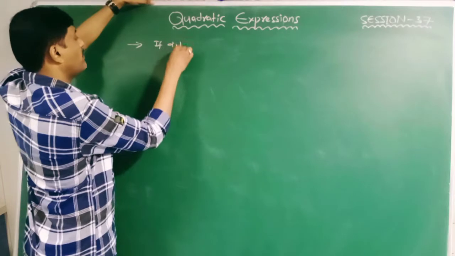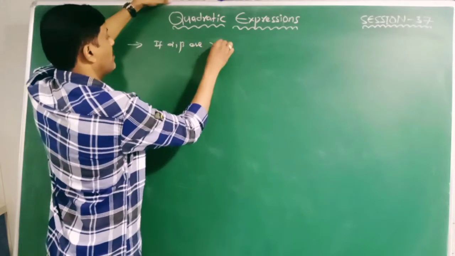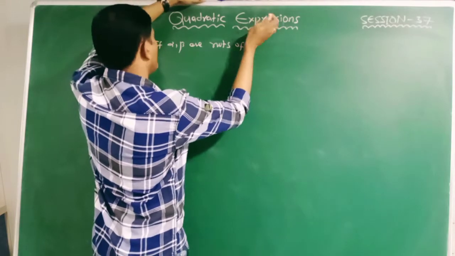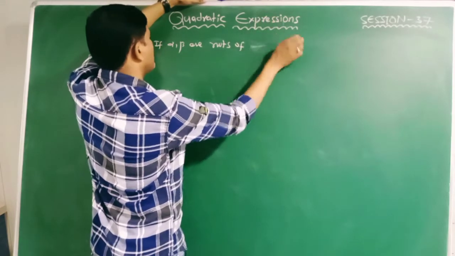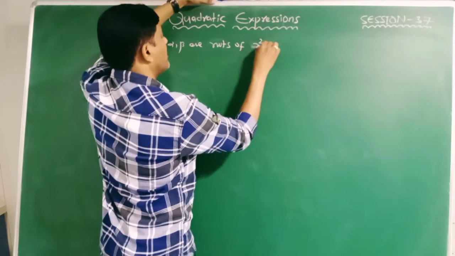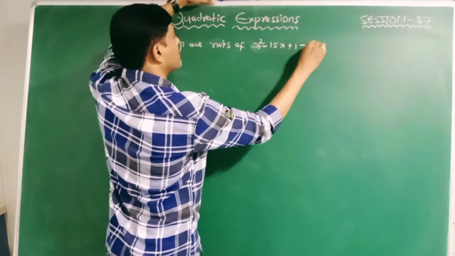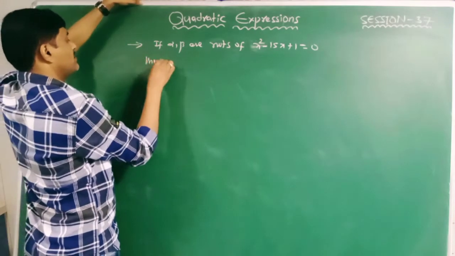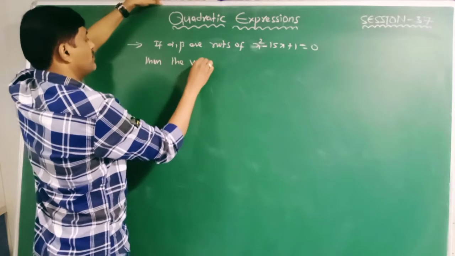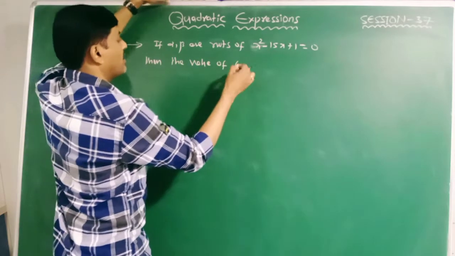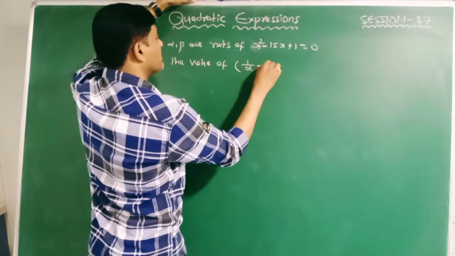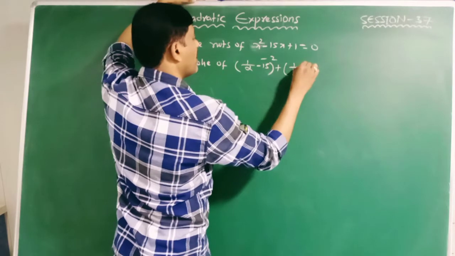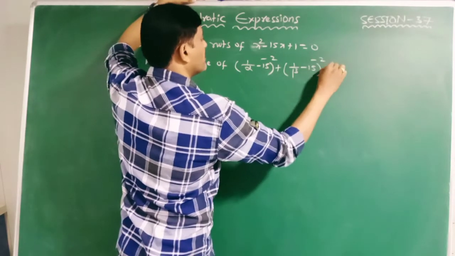Now move on to the next question. Take alpha, beta as roots of x square minus 15x plus 1 is equal to 0. Then find the value of 1 by (alpha minus 15) whole power minus 2 plus 1 by (beta minus 15) whole power minus 2.